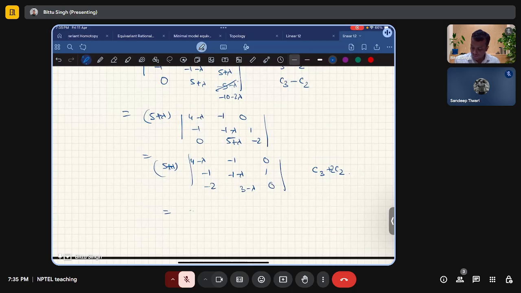So now this is same as 5 plus lambda times 4 minus lambda times 3 minus lambda.